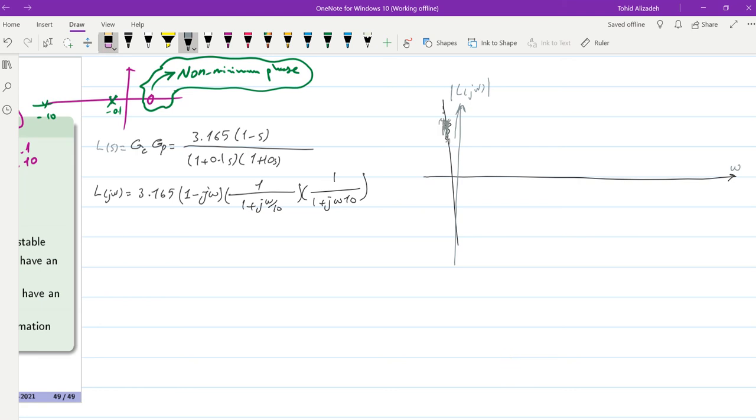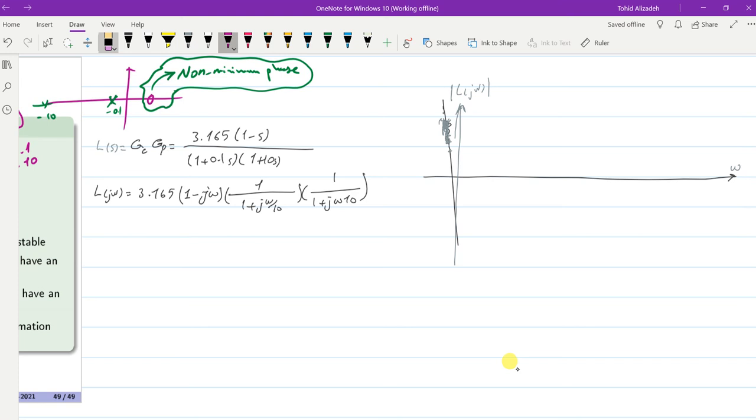Let me see if I can remove this line that I have drawn. Okay, looks like it's not going to happen. Never mind. Let's start to draw the different segments that we have.